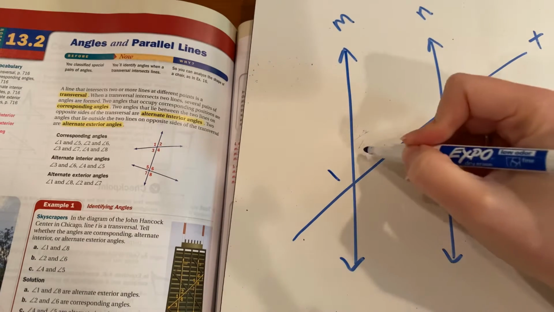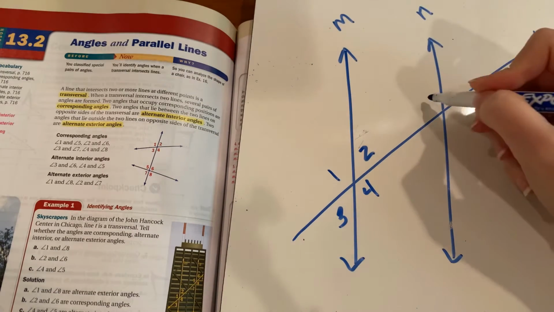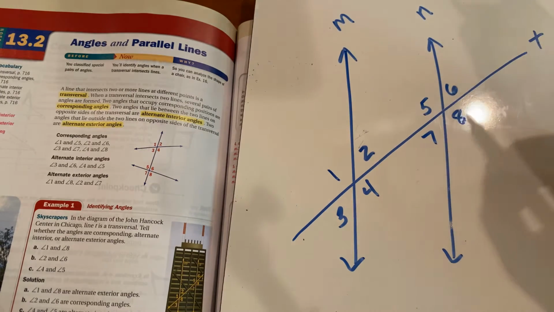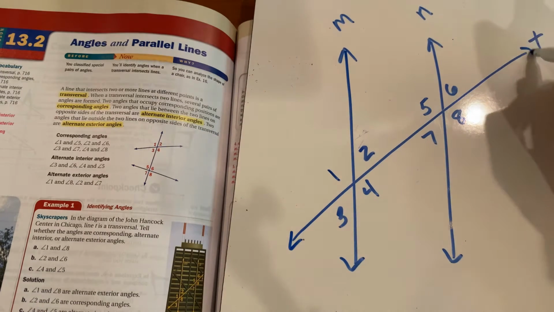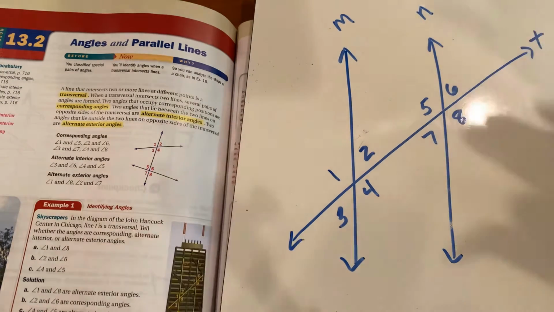We have angle 1, angle 2, angle 3, and angle 4 all on line M. Then we have angle 5, angle 6, angle 7, and angle 8 all on line N. And our job now is to say what are our corresponding angles, what are our interior alternate angles, and then our exterior alternate angles. So remember that corresponding angles are two angles that occupy corresponding positions. That means they just rest in similar positions in our diagram.